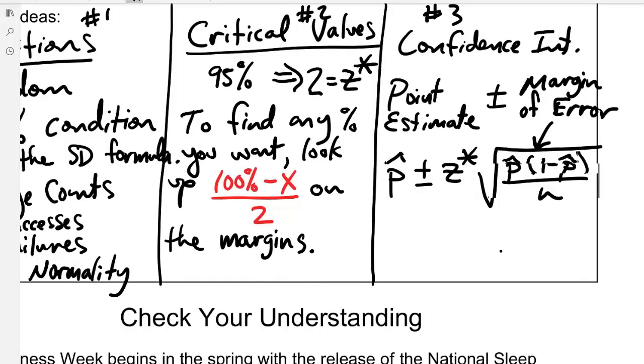I know it looks complicated, but remember, if you just go through the lesson, that is how we built our confidence interval, a little piece at a time.